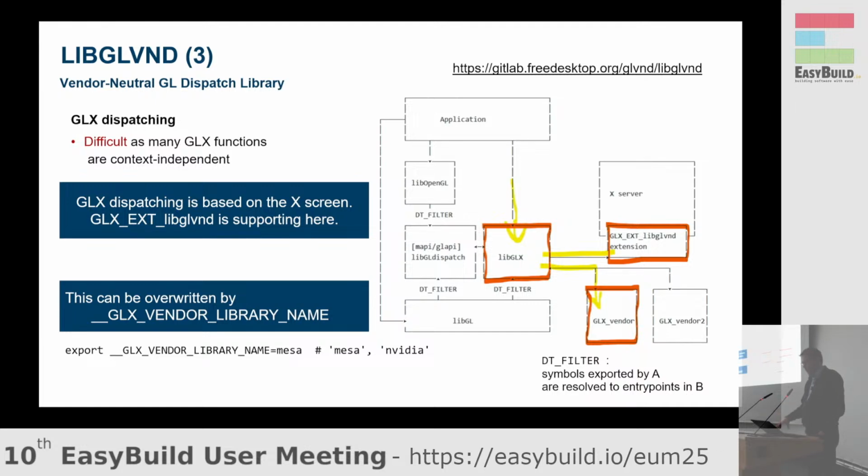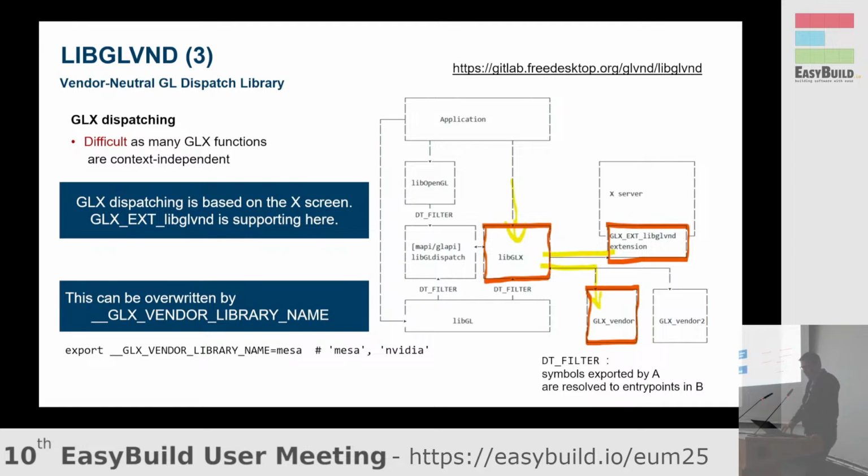This is done through an extension in the X server. The X screen itself defines which vendor to take, and from then on all the OpenGL commands end up in the right OpenGL implementation.